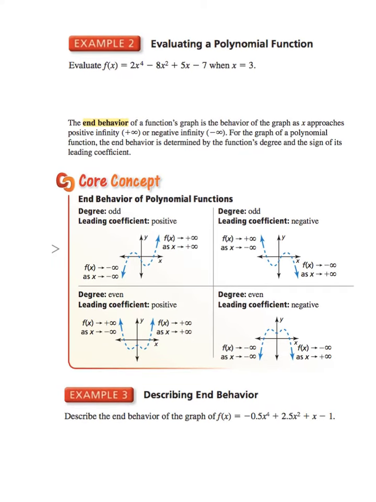One of the things that we can do is use our calculators to evaluate this function at 3, but we can also do it manually. So in this case, f of 3 is equal to 2 times 3 to the fourth minus 8 times 3 squared plus 5 times 3 minus 7.